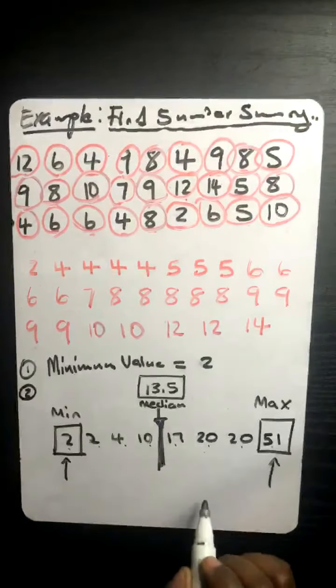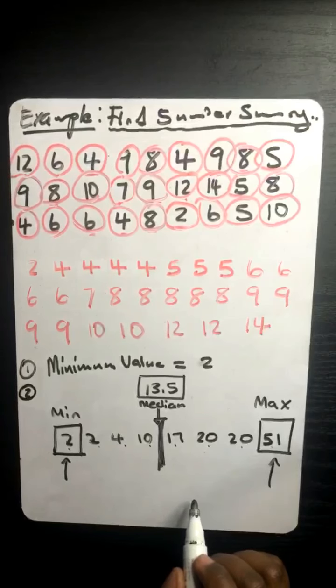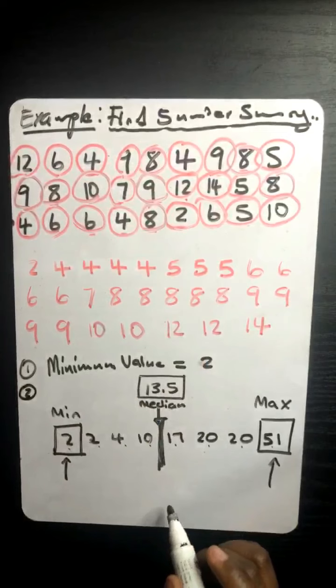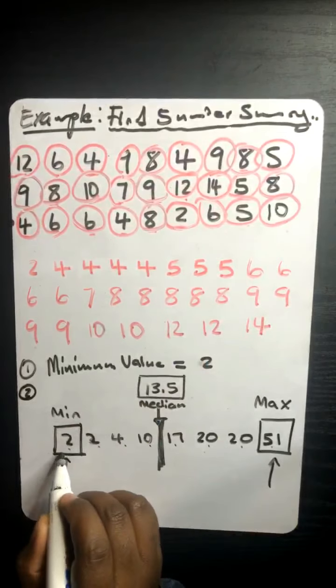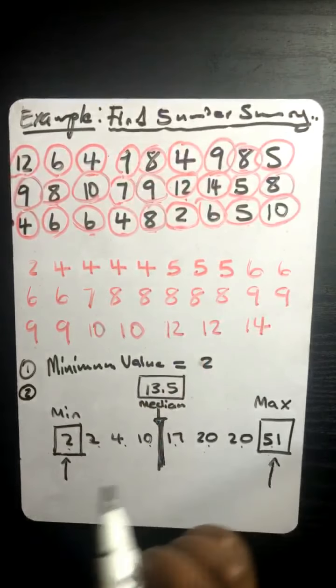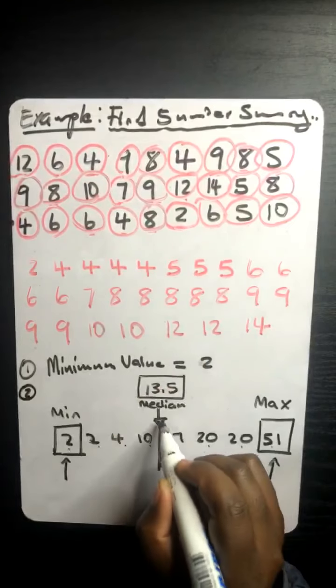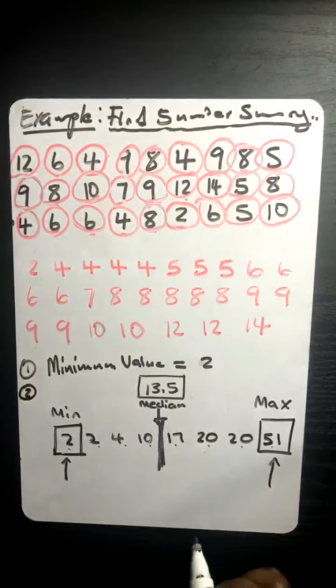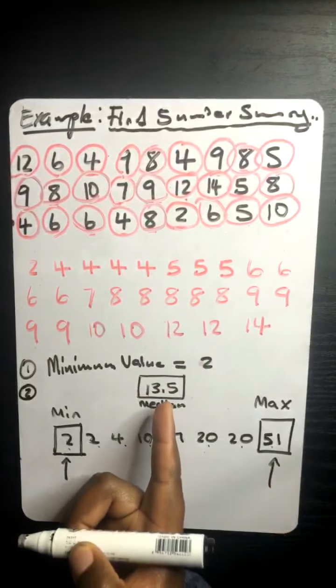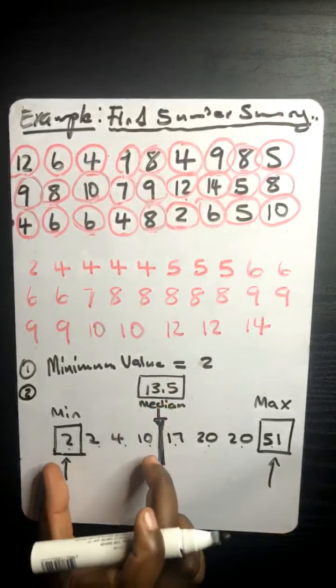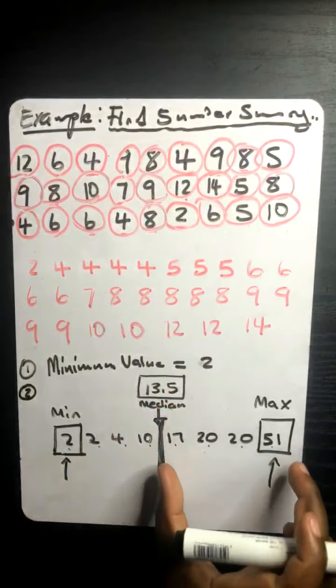Just like Tumi was saying, it is very important that when you calculate the 5-number summary, you already know your minimum and maximum, so you start by looking at your middle value. Once you get it, you look for the middle value on this side and on that side.